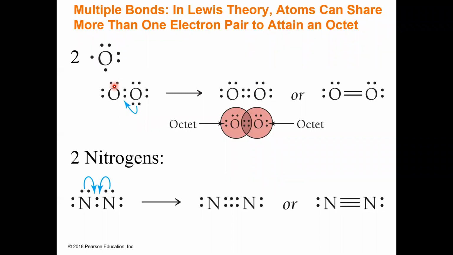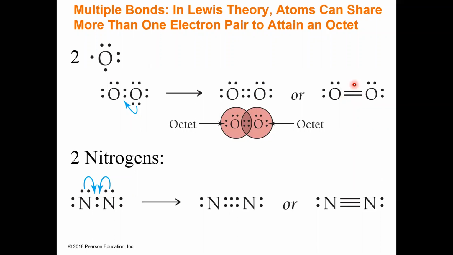So what would have to happen is that another one of these lone pairs has to be shared to form a second bond. So in total, we have 2 bonds here. We have a double bond, which is also shown here. This is where our first set of 2 electrons are shared, and our second set of 2 electrons are shared.